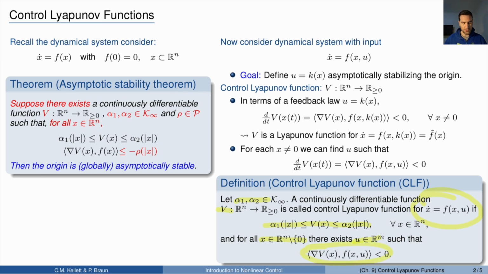So with a slight variation of the Lyapunov function definition, we obtain a control Lyapunov function. And that control Lyapunov function then, of course, again allows us to conclude asymptotic stability under an appropriate selection of the input u.